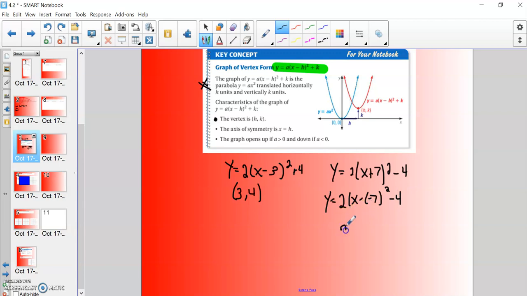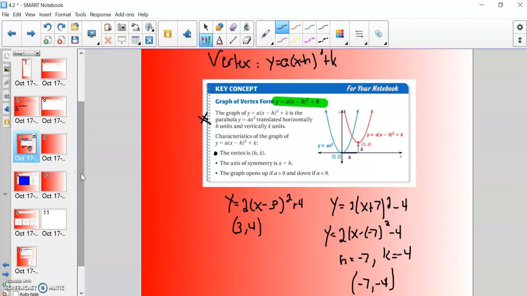So in this one, h is actually negative 7, k is negative 4, so the vertex is negative 7, negative 4. So h is almost exactly the opposite of what it's showing up like. Just be careful with that when you're plotting your vertex.